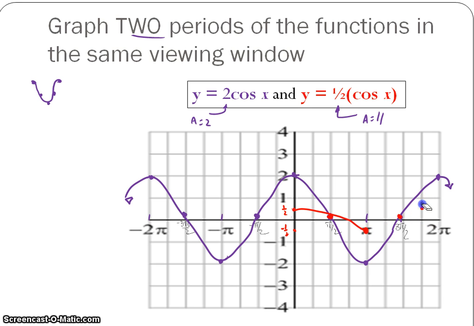Oops, I was off by 1. This point should be all the way over there. That's where the max is, because I'm doing it every other box. And down again. So I go 2 spaces over, it reaches its midline, 2 spaces over, reaches its min, 2 spaces over, the midline, 2 spaces over, reaches its max. It's just going to continue in this pattern.